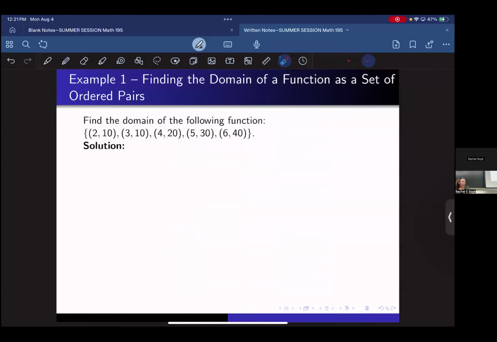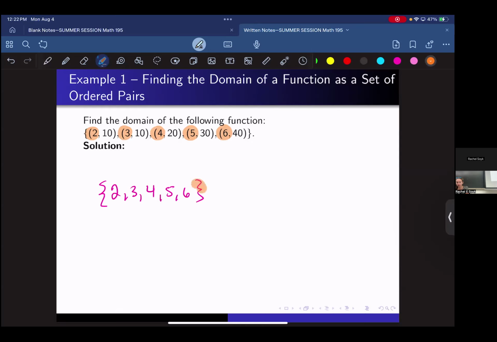So now we're into our first example for this section, where we're asked to find the domain of a function as a set of ordered pairs. Anytime you're dealing with sets, it's very, very straightforward. All you have to do is look at your x values. If there are any x values repeated, you just write that value once. Lucky for us, there are no x values repeated, so we just have to write all of the numbers that I highlighted.